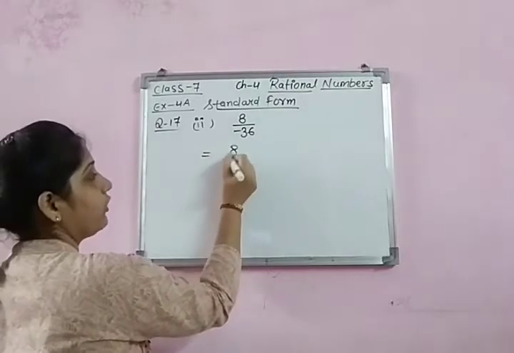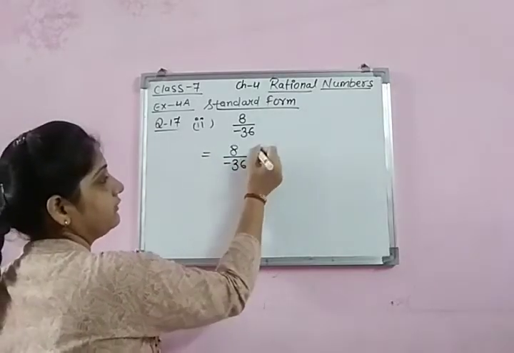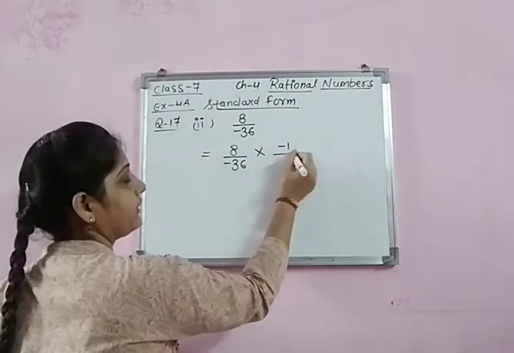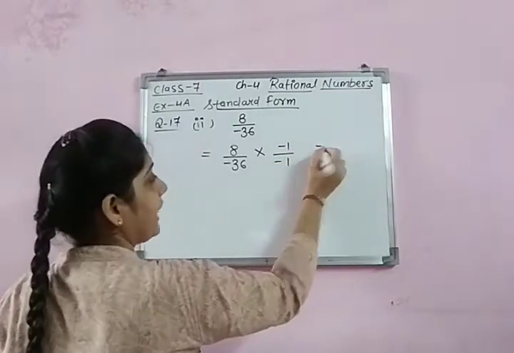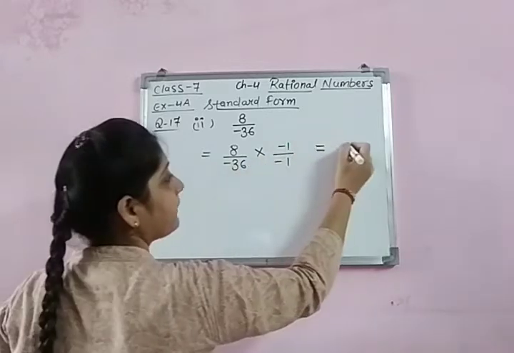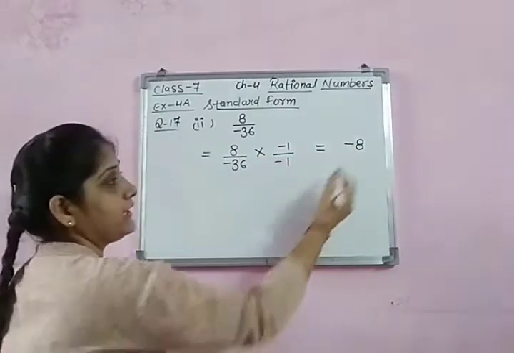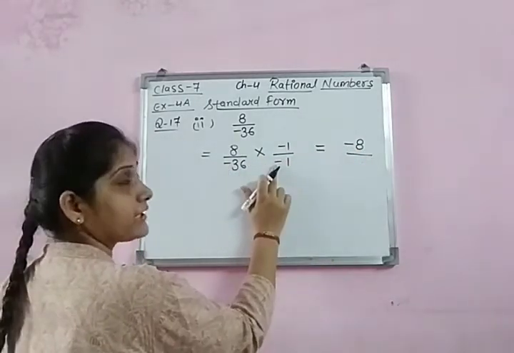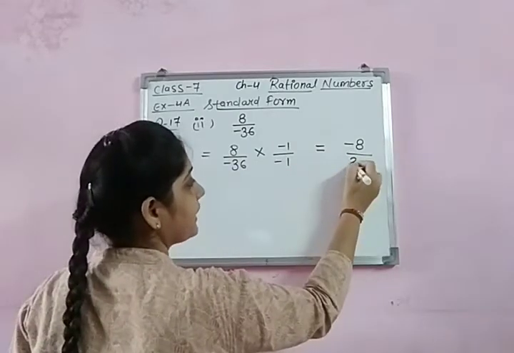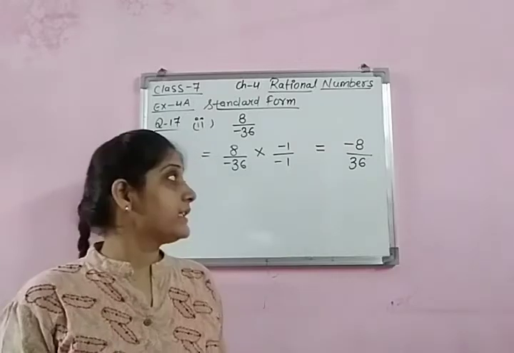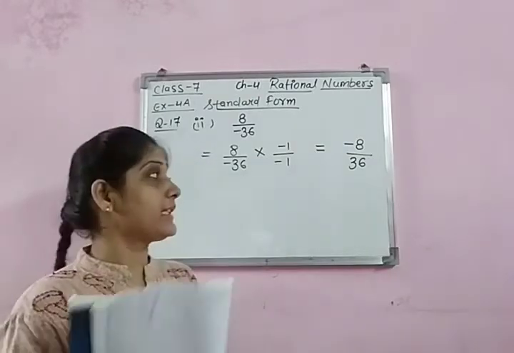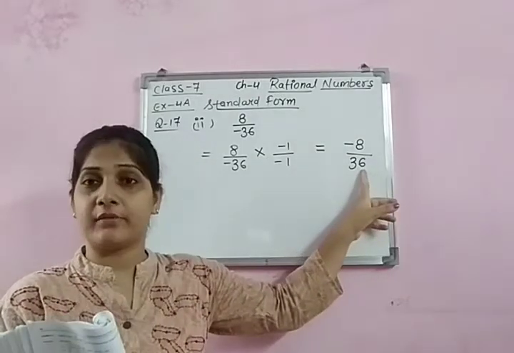We have to multiply the given number by -1, both numerator and denominator. Now what happened, children? 8 multiplied by -1 gives us -8, and -1 times -36 is 36. So in this way we will get -8 by 36 and the denominator will become positive.